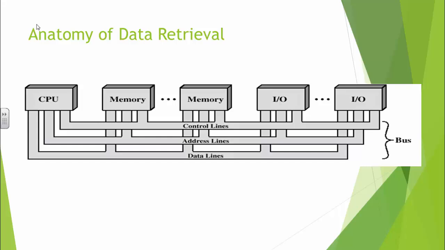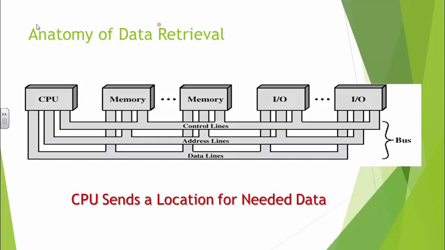So let's look at, for simplicity's sake, the retrieval of information from one location in RAM. A CPU determines that it needs the information from a given spot in the RAM. So it sends the location for the data that it needs. And it sends these through the address lines on a given system clock pulse.